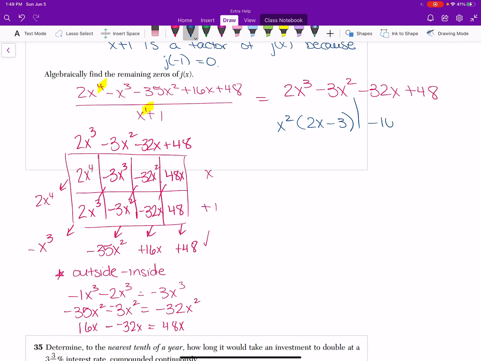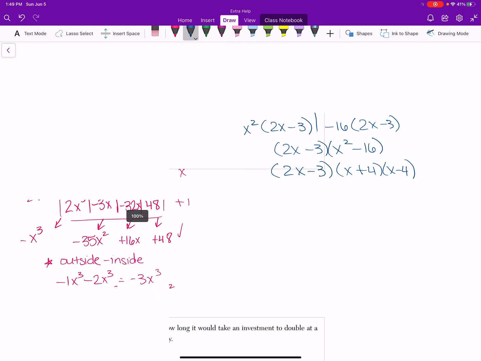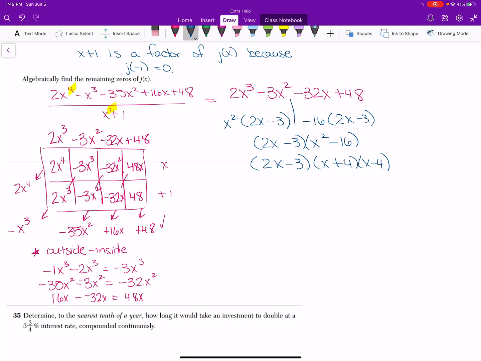I could take out a negative 16, and I get 2x minus 3. We then have 2x minus 3 with the x squared minus 16. And that x squared minus 16 is a difference of squares. These are the rest of the factors.